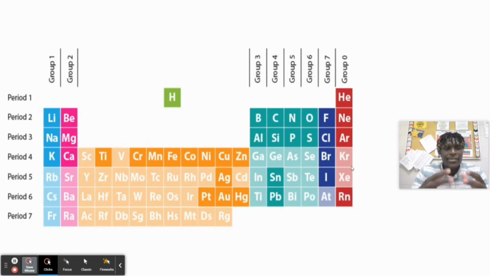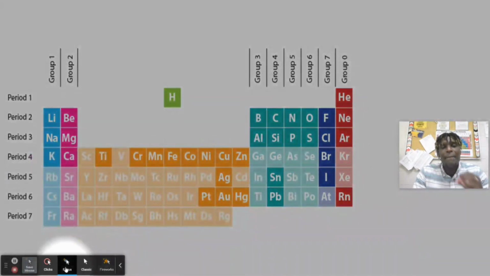Now, let us look at how the periodic table is with groups and periods. As you can see on this periodic table, we have 7 groups and group 0. Now, these are called the main groups. So group 1 is called a main group. Group 2 is called a main group.